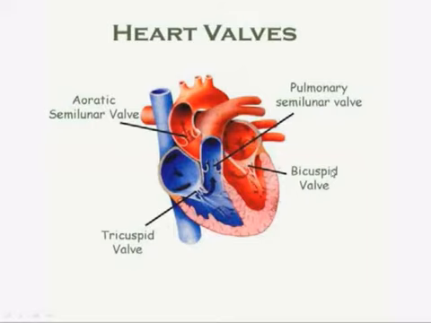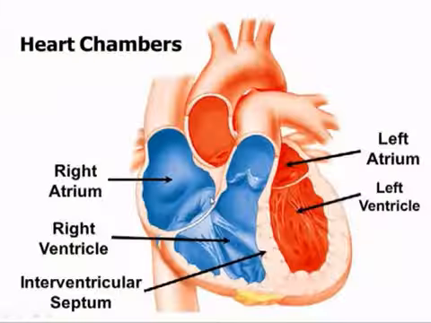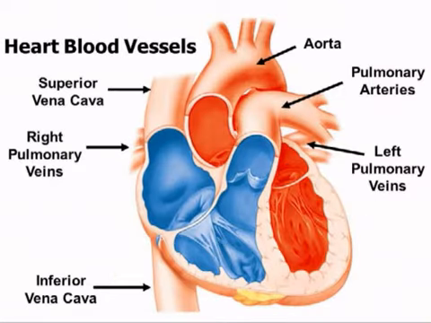Now you can see that there are two other valves called the aortic semilunar valve and the pulmonary semilunar valve. What is the role of a semilunar valve? As we saw earlier, it is the right ventricle which is connected to the pulmonary artery. Initially you saw in this diagram that the right ventricle was connected to the pulmonary artery.